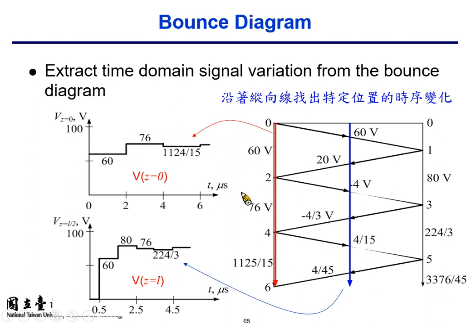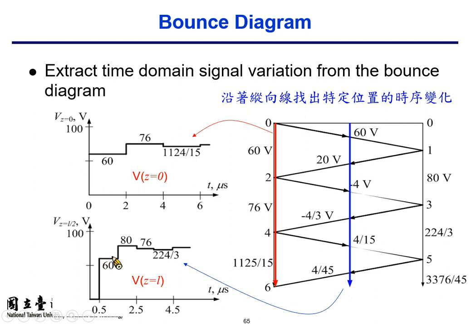Alright, so if you write the voltage variation on the left-hand side, that would be this, and you see it will eventually approach 75 volts. In the middle, you see the voltage shows up at t equal to 0.5 because it takes half a microsecond for the V plus signal to get to the middle of the transmission line.